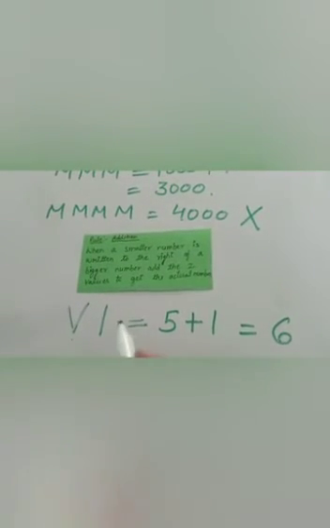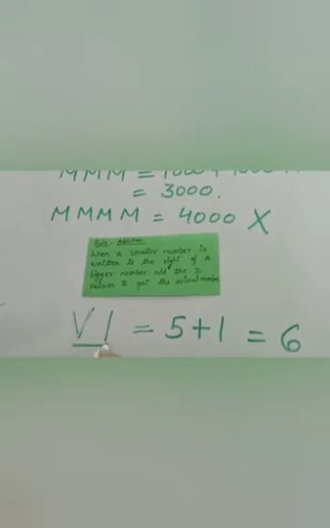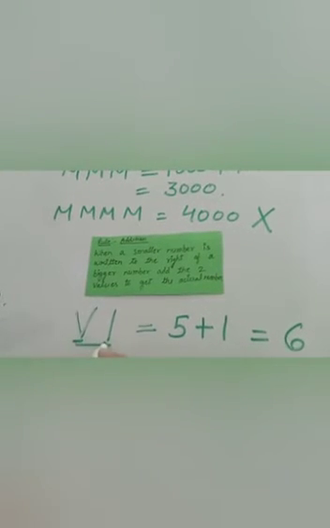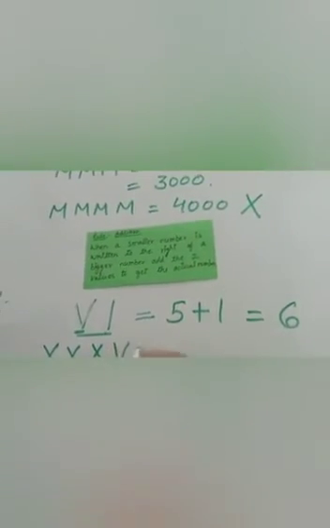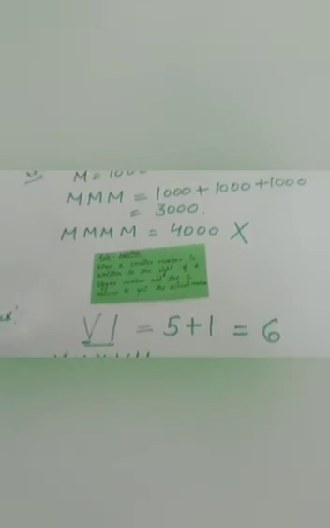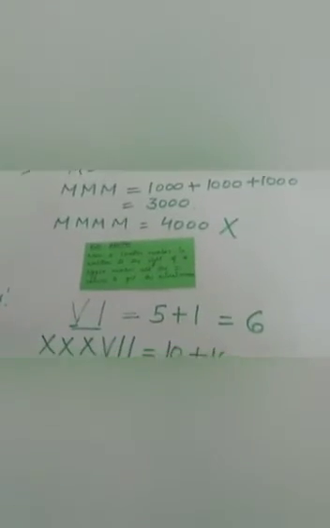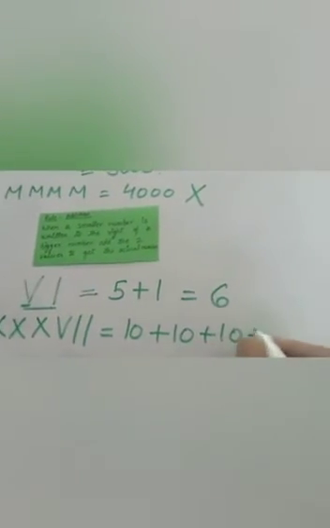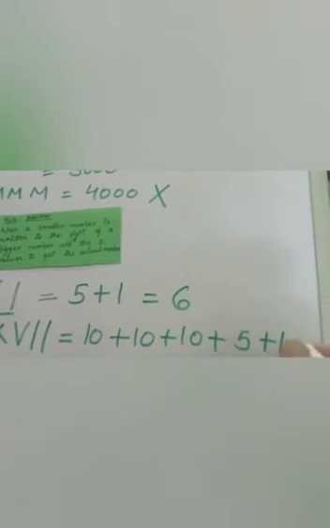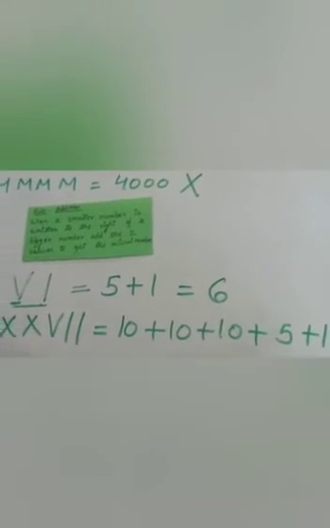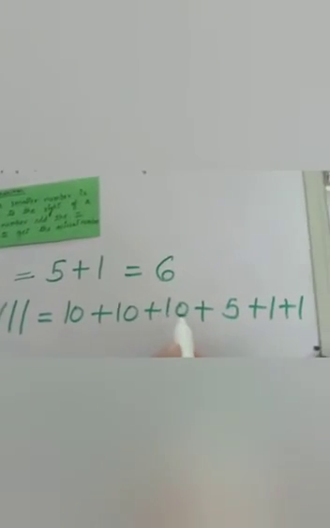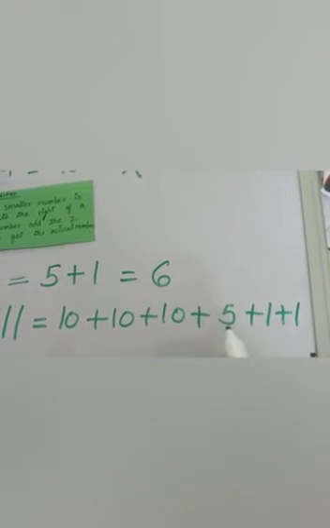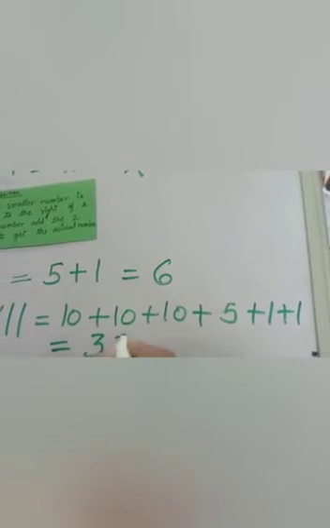We added both numbers: this is the bigger number and this is the smaller number. Take one more example: XXXVII. This is 10 plus 10 plus 10 plus 5 plus 1 plus 1, as X represents 10, V represents 5, and I is 1. So 10 plus 10 plus 10 is 30, plus 5 is 35, plus 2 is 37.